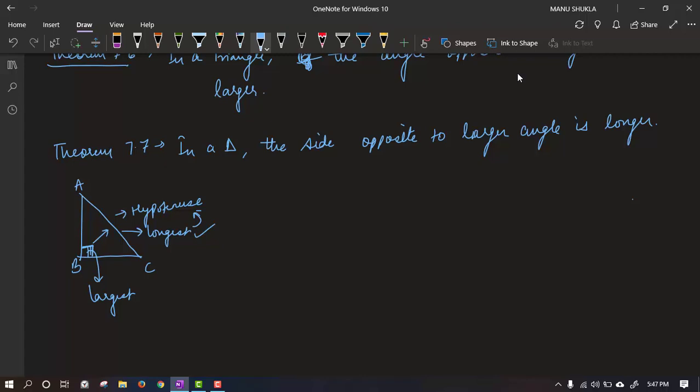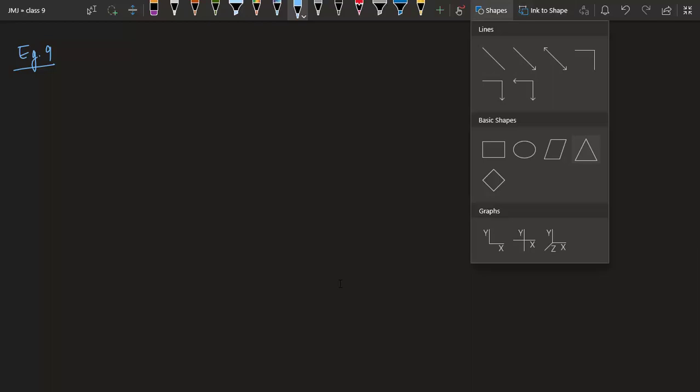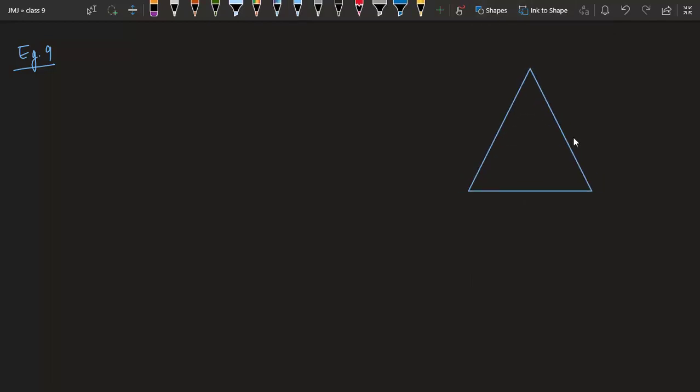Now let's take example 9. Example number 9. D is a point on side BC of triangle ABC. So we have a triangle ABC and D is a point somewhere here, suppose, such that AD is equal to AC.